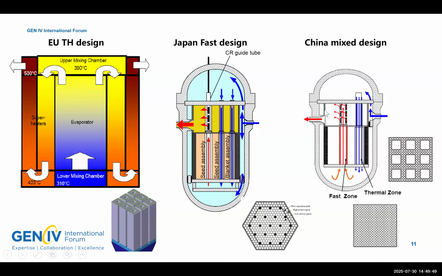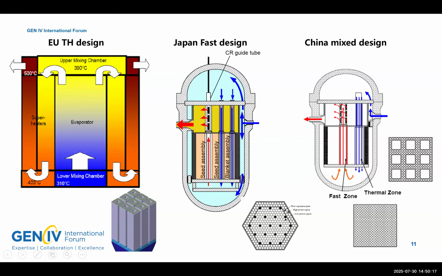And the third one is developed by China, by our university, a mixed spectrum design. We call it the SCWRM. The inner part is a fast zone with the fuel assembly like this one, and the outer part is the thermal zone. In the thermal zone, of course, we need the moderator channels.